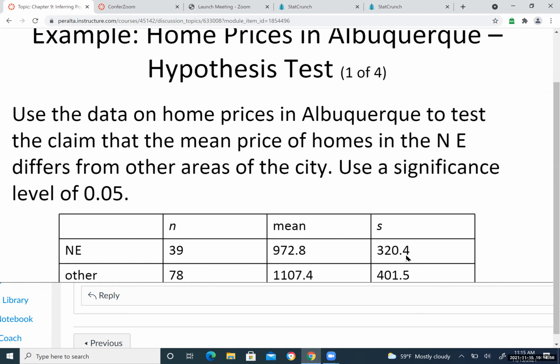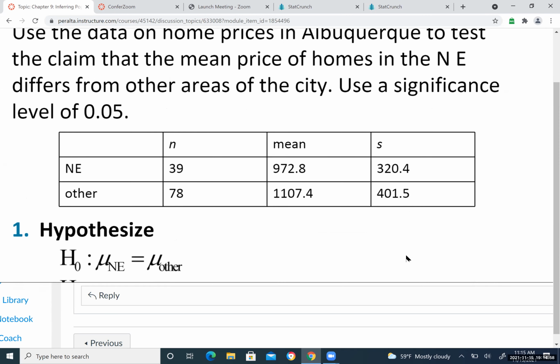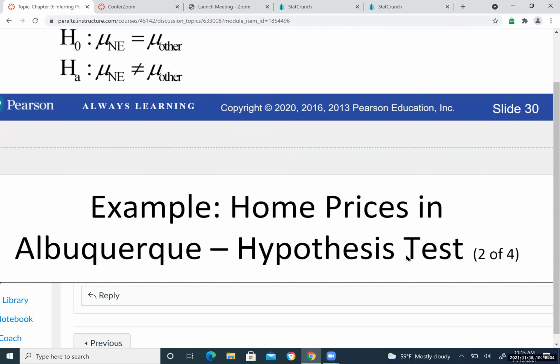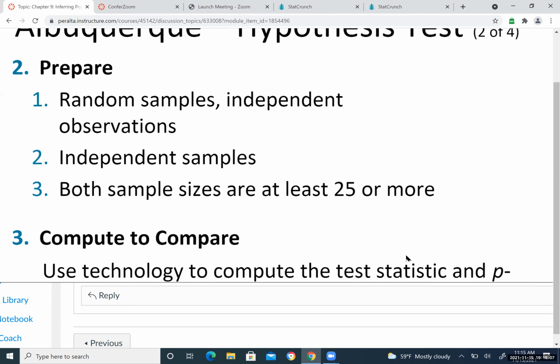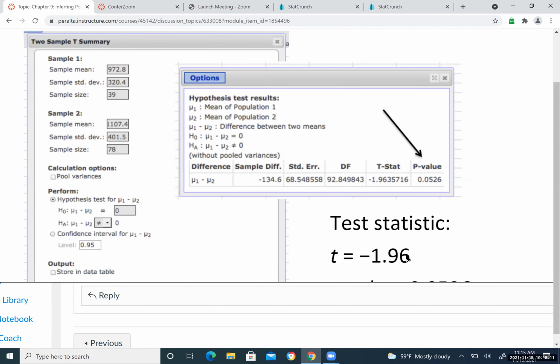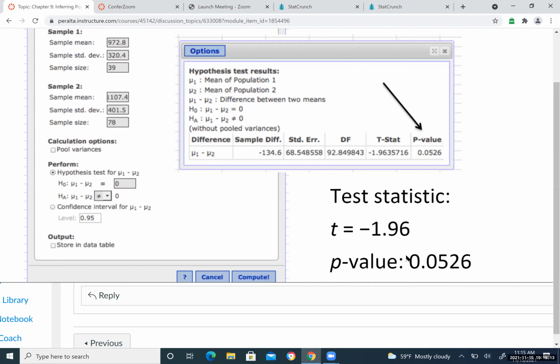So this is about a home, right? Example 2, like I said, instead of clicking on confidence interval, you click on hypothesis, then you're done. Like I just demonstrated for you for example 1. So this is how they do it. They just type everything in. They got a p-value of 0.0526, compared with 0.05.